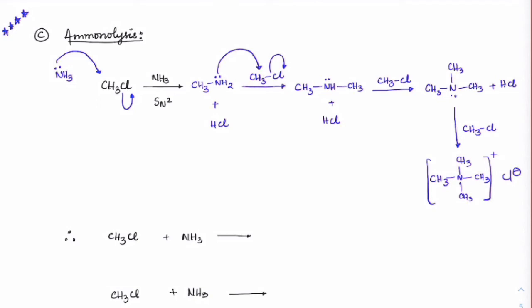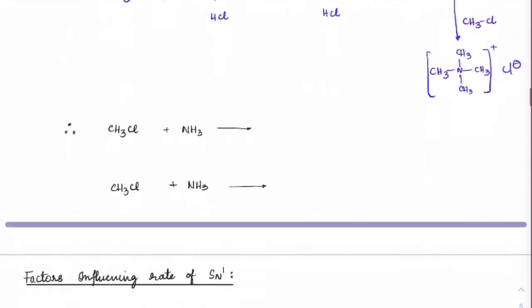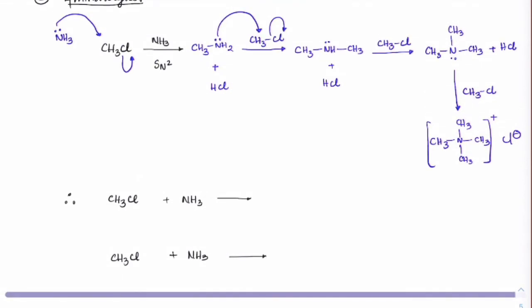So the reaction will end at this point, considering the alkyl halide concentration is more than the ammonia which you have added. Depending upon the reaction type, if CH3Cl is in excess, you will write the major product as the quaternary ammonium salt.